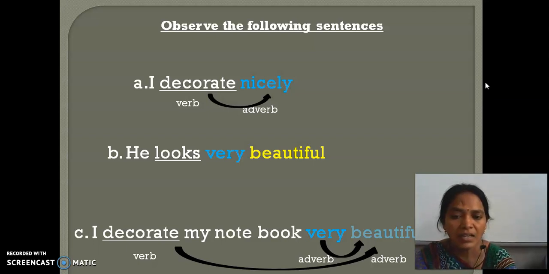Is it describing the verb or is it describing he? Who looks beautiful? He looks beautiful. Suppose I were to write a name, Radha, Rani or Raja. The Raja looks beautiful. Okay? And therefore, you call this word an adjective.